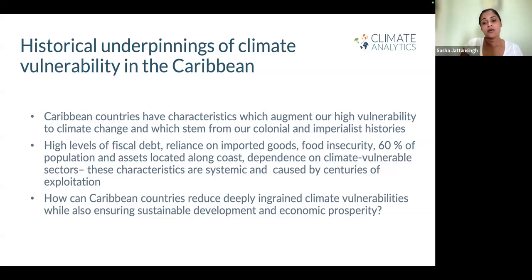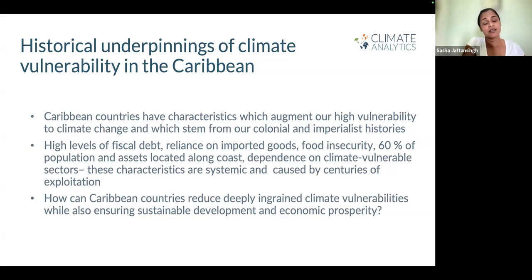As I said, also our dependence on climate vulnerable sectors, and all these characteristics really are systemic and are caused by centuries of exploitation. So we have to look at how our colonial and imperialist histories created this situation which could exacerbate our vulnerability to climate change, right? And it's looking at that view, because this is looking at intersectionality.